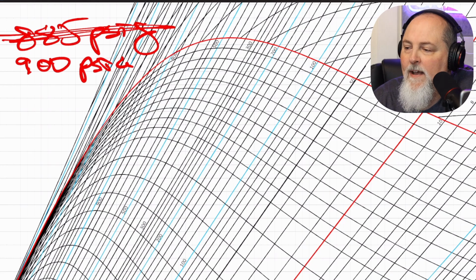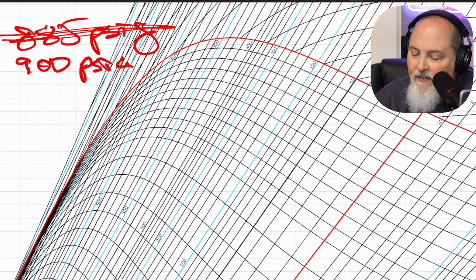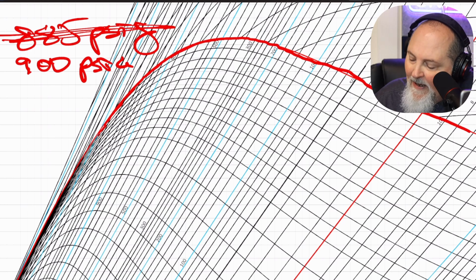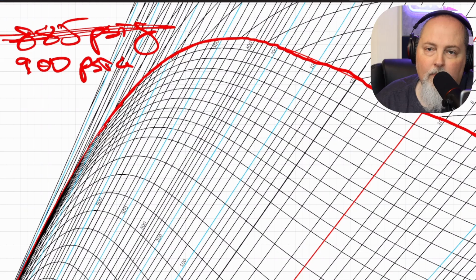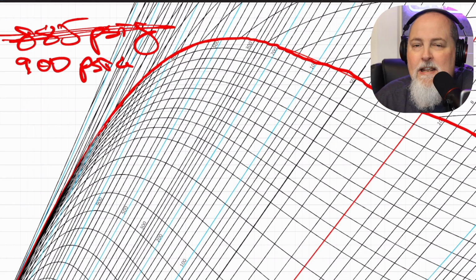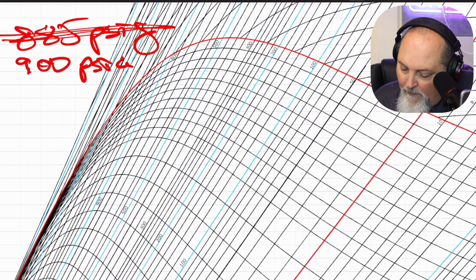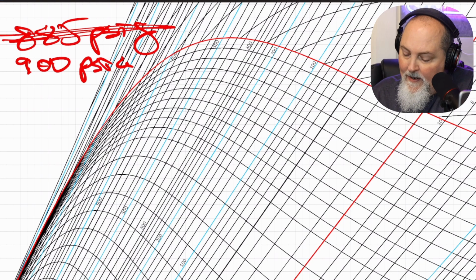We want to find that on the saturation curve because it says dry saturated steam. And this red line here is the dry saturated steam line. That's 100% quality. That's steam that is 100% quality, no moisture content. And what we're going to do is find on that red line our 900 PSIA.